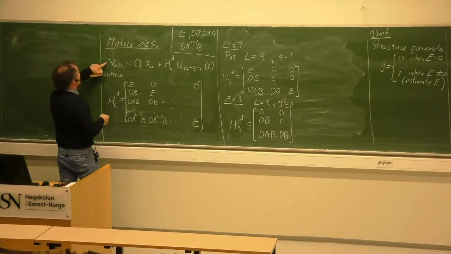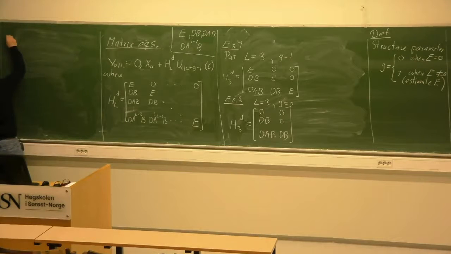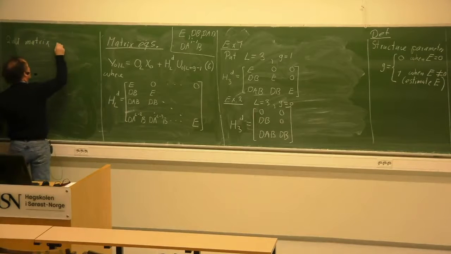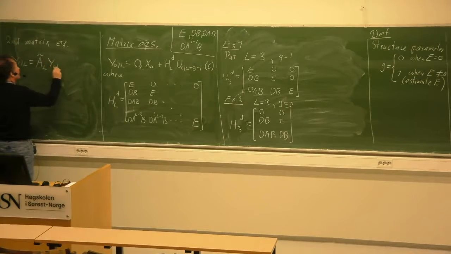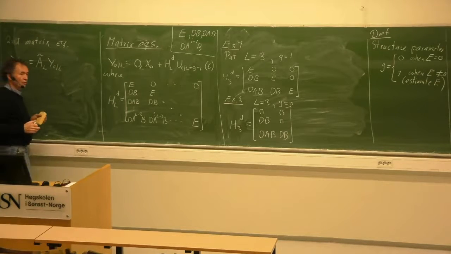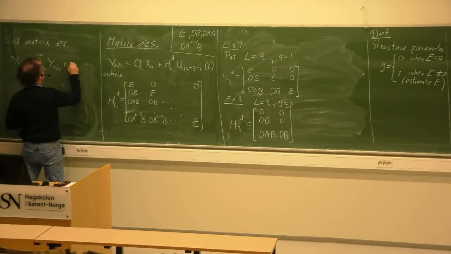So we have this matrix equation and second matrix equation. This one reads y1 given L equal to AL tilde times y0 given L. But since we have non-zero inputs U, we have a second term here.